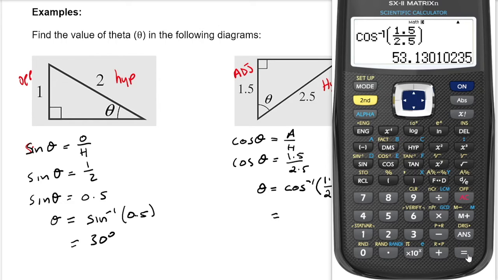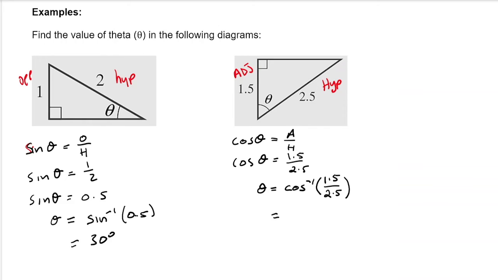Now this is 53.13. And if we want to go to one decimal place or even whole numbers, this will just be 53 degrees to a whole number. So far, we are very straightforward, and this should really only be revision for you.